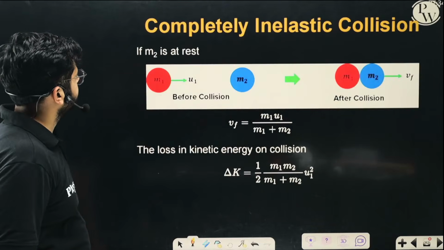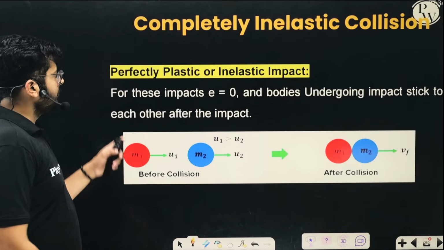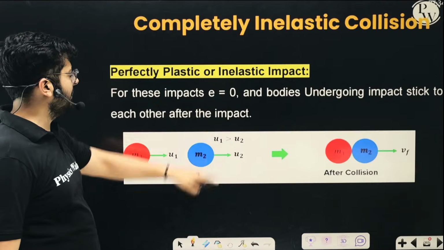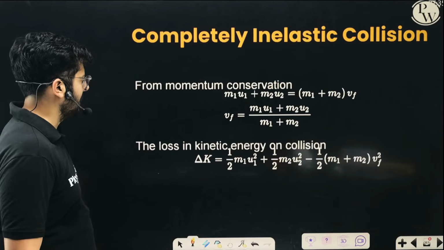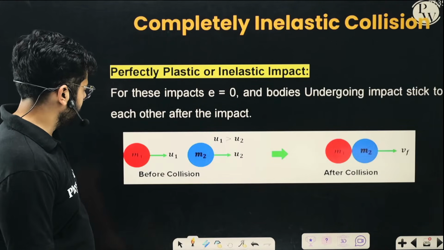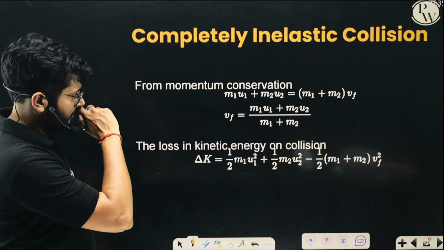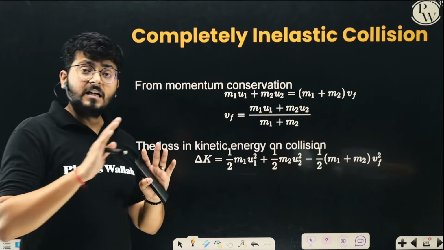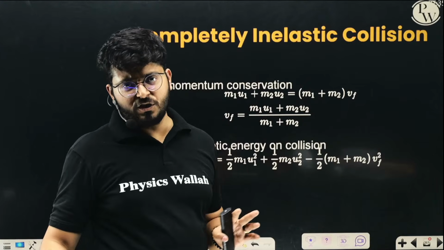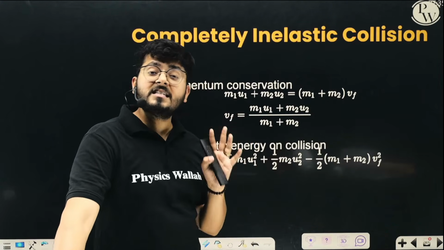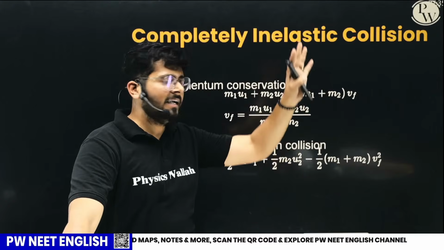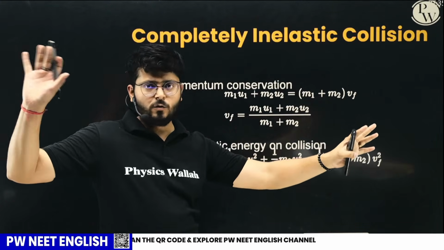So here it is. Now, if a perfectly inelastic collision is happening, then irrespective of the type of collision, the momentum always stays conserved, which is the total momentum before collision stays the same as total momentum after collision.